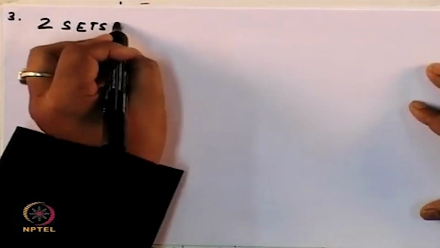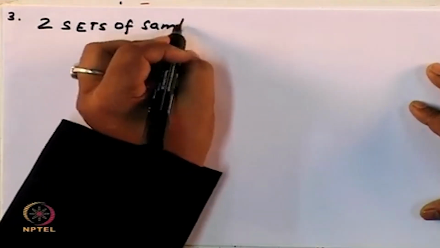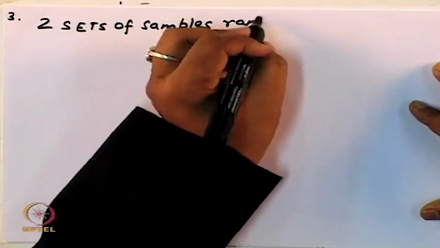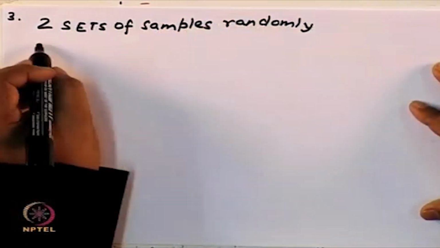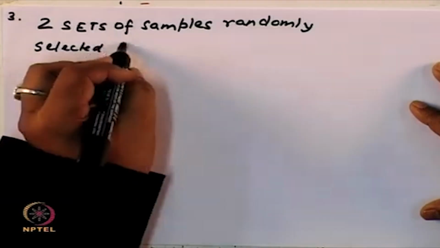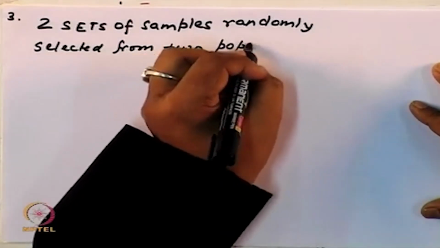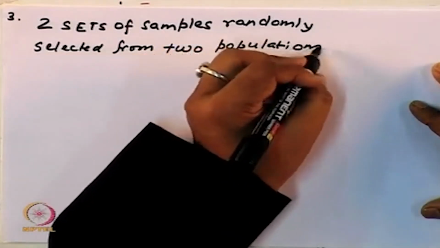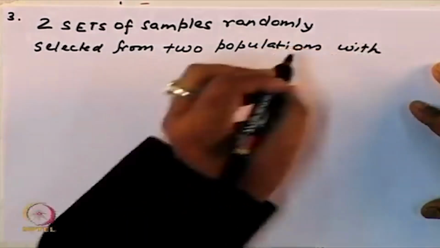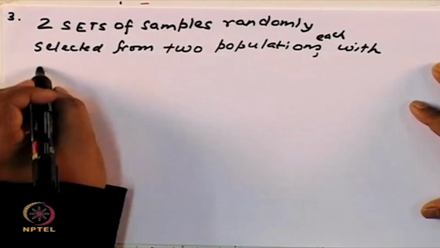This is your slide 2. So, imagine you have two sets of samples, randomly selected from two populations, each with identical means.